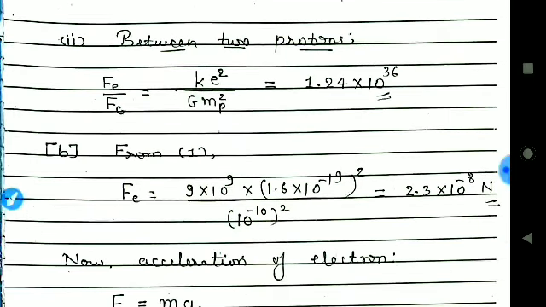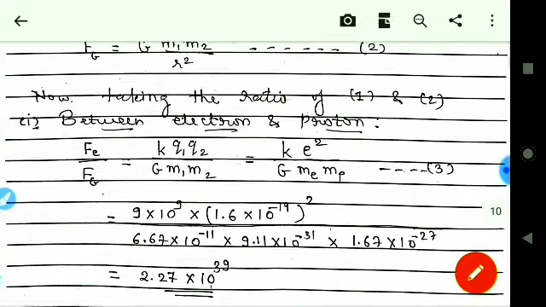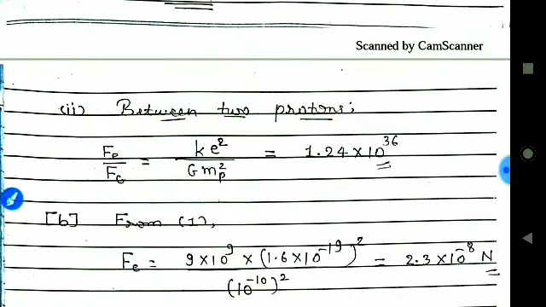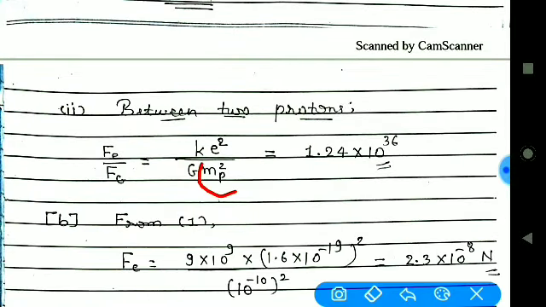But now here we are considering both the particles as protons, which was earlier an electron and a proton. See here, one was electron and the other was proton. Now both these are protons, and so here mp into mp becomes mp square. So you can see here the difference is mp square. Rest of the things will remain same.